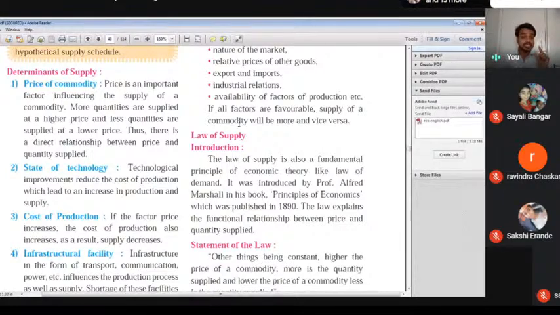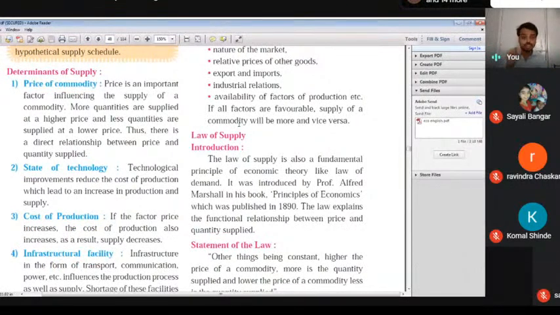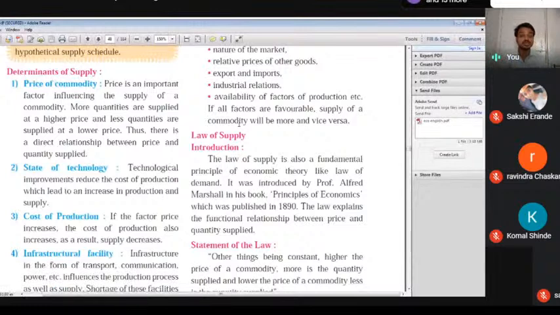So remember, technology means support to improve and increase production, and reduce the cost of production. Earlier we required 100 workers, but now because of technology we require at least 10 or 20 workers. Because of technology production will be raised and the cost of production reduced, which leads to an increase in production and supply.